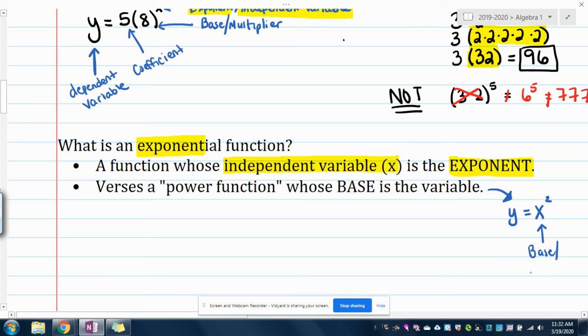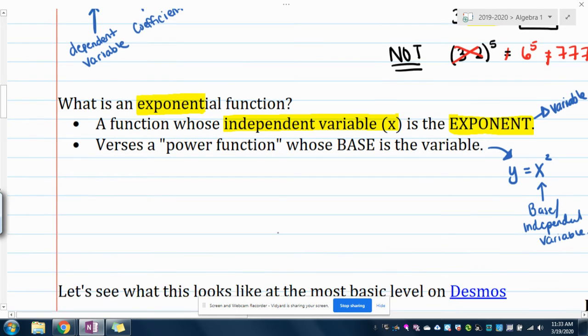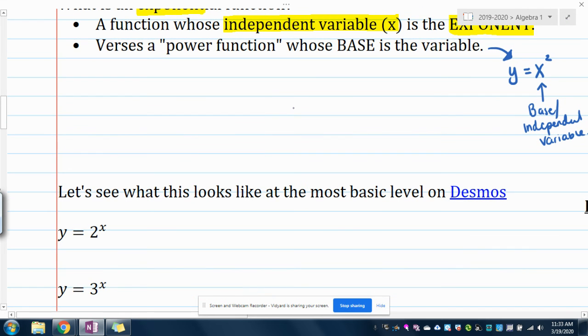So my base is my independent variable. So it's really important here that the exponent is your variable. Okay, so let's look at what this looks like on Desmos when we graph it.